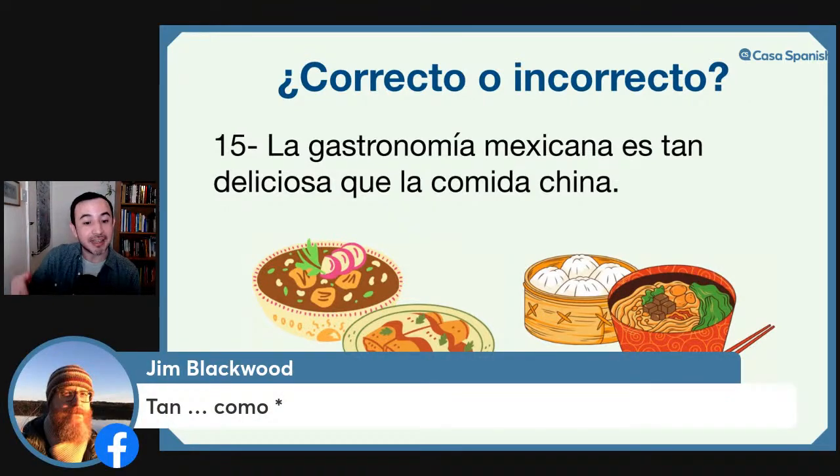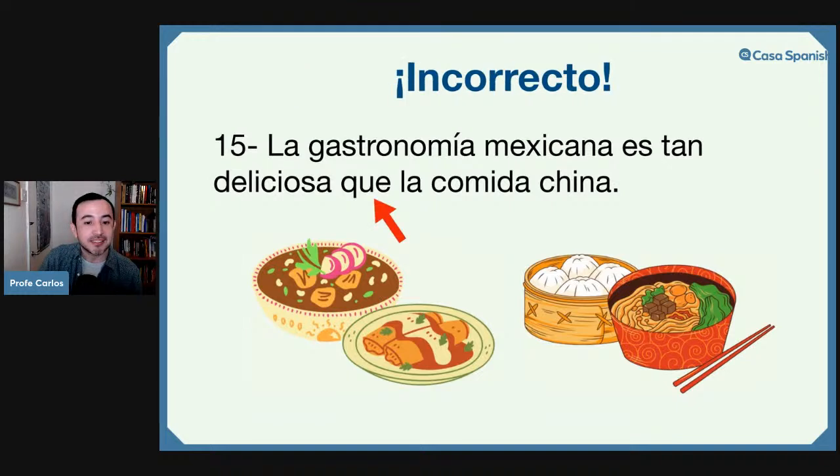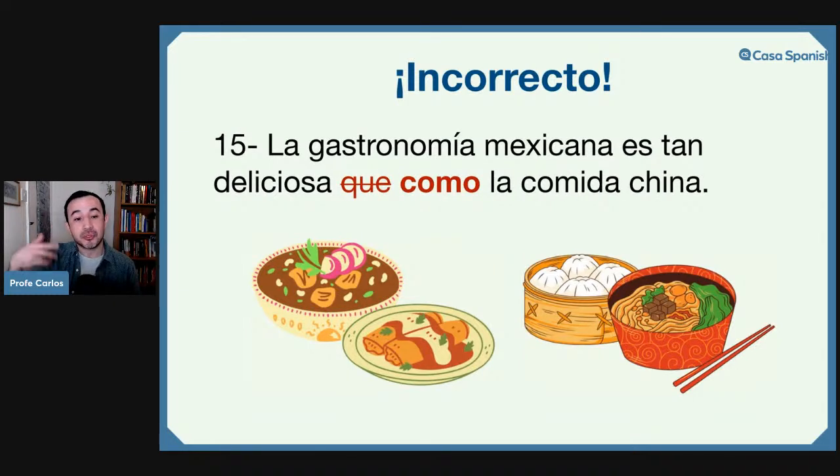And Jim, tan deliciosa como. And ding, ding, ding, that is our answer, guys. That pronoun que shouldn't be there. And we have to change it for la gastronomía mexicana es tan deliciosa como la gastronomía china.